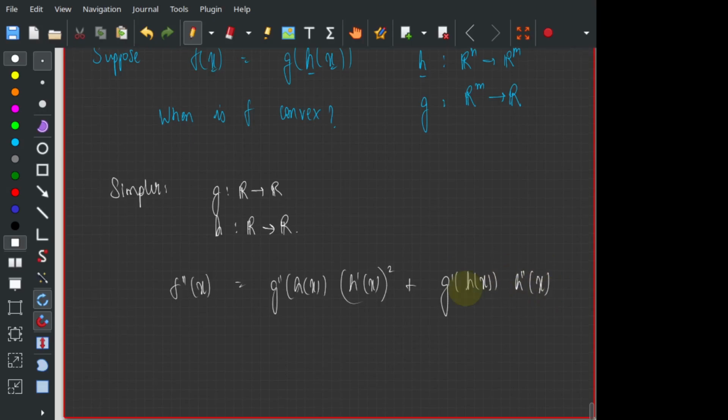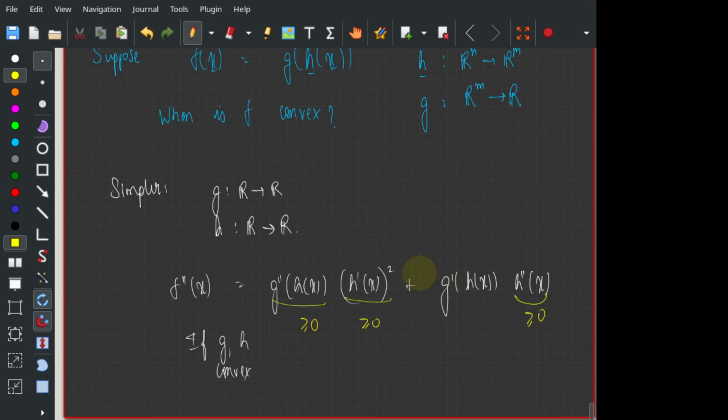So suppose that both g and h are convex, right? Then this quantity is greater than or equal to 0. This quantity is always greater than or equal to 0. This quantity is greater than or equal to 0. Right? But is this guaranteed to be positive?